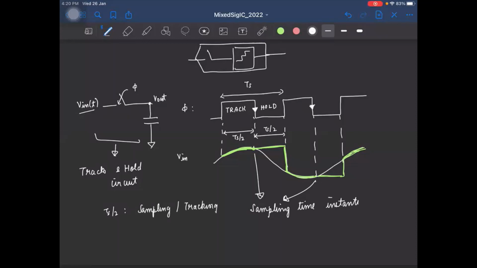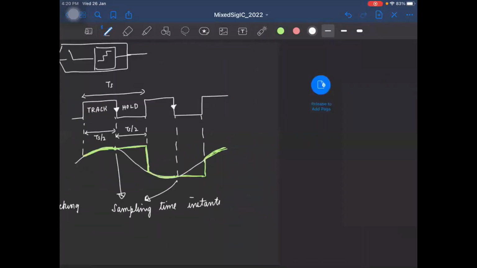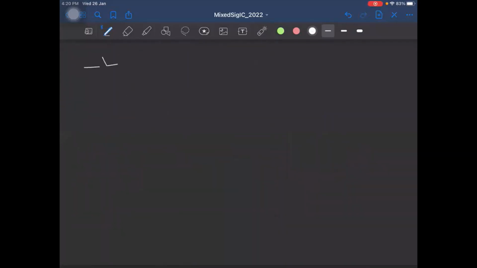And we have one more interval of Ts by 2 in which the input is held. And in this phase, you can do further processing or directly quantize the samples. So this is the hold phase. So this is our track and hold, the input, output, and the clock.